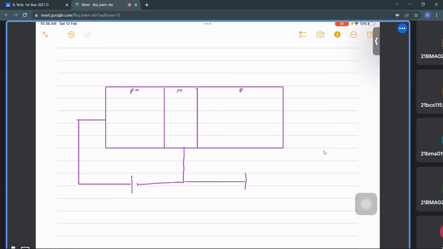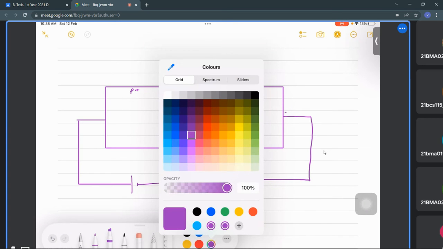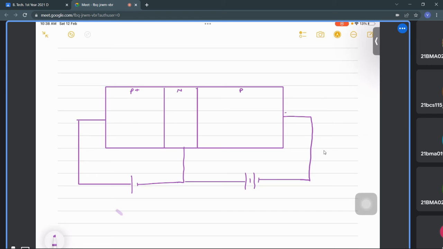This is like this, so this is forward biased, so the barrier is small.